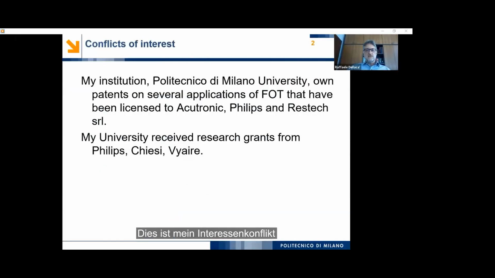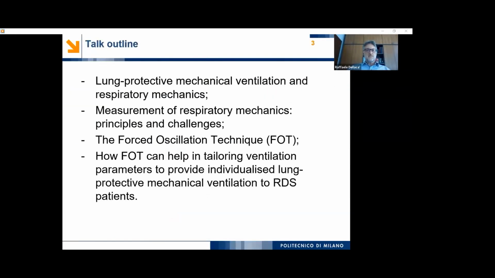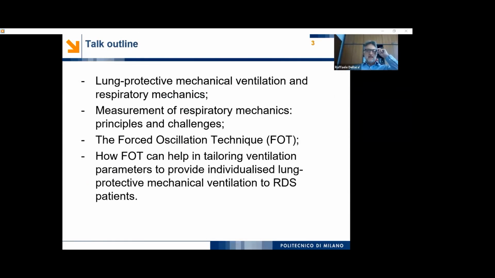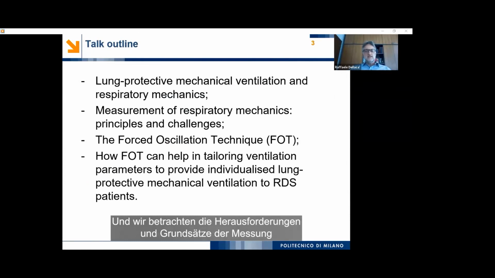This is my conflict of interest, and this is the outline of the talk. We will start making a short recap on what is the main concept of lung protective mechanical ventilation and respiratory mechanics, and then we will address the challenges and principles of measurements of respiratory mechanics, especially when done at bedside.